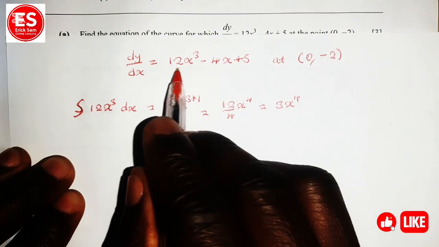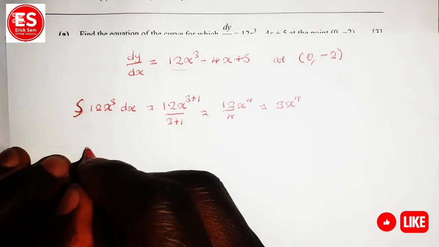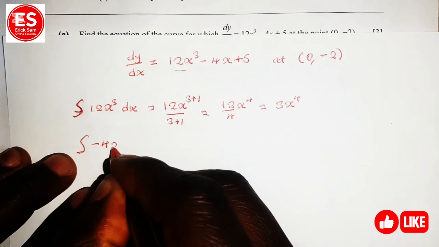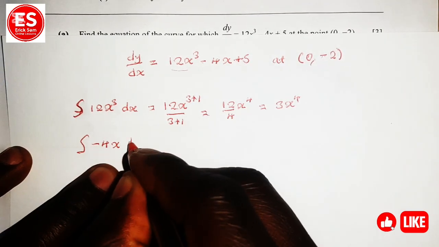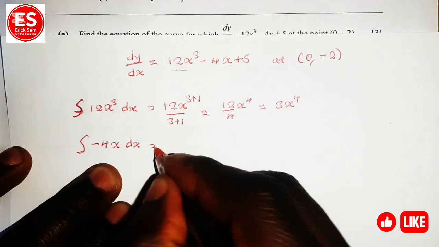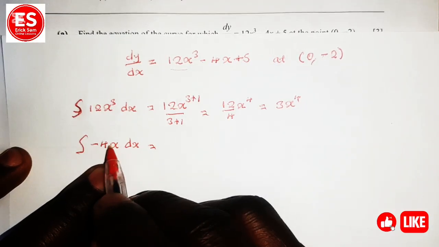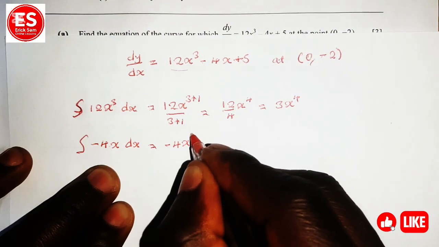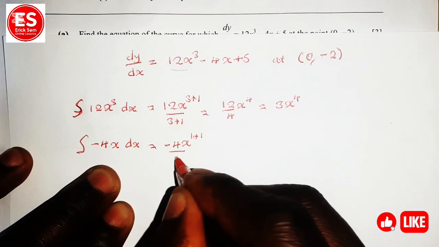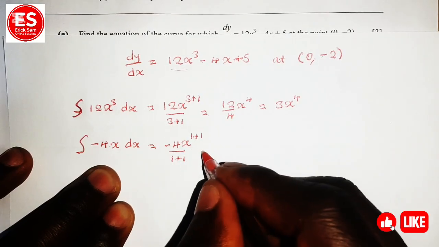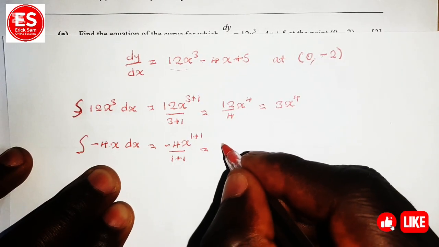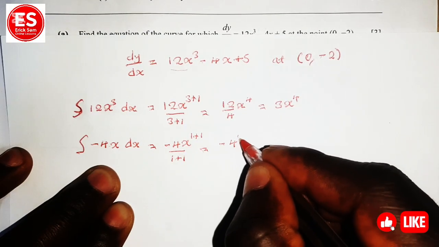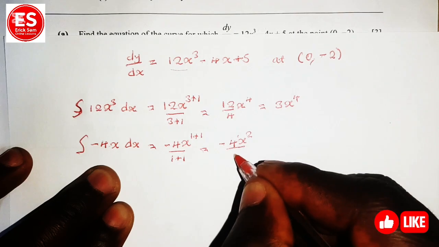The integral of -4x dx: you do the same thing. -4x has power 1, so 1 plus 1, divided by 1 plus 1, which is -4x^2 over 2.